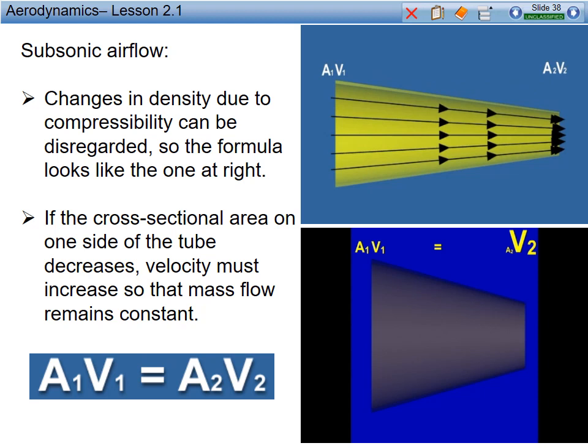Area 1 times velocity 1 is equal to area 2 times velocity 2. If the cross-sectional area on one side of the tube decreases, the velocity must increase so that the mass flow remains constant. Remember, the mass flow into a system must equal the mass flow out of a system.